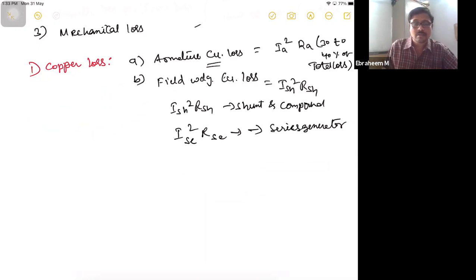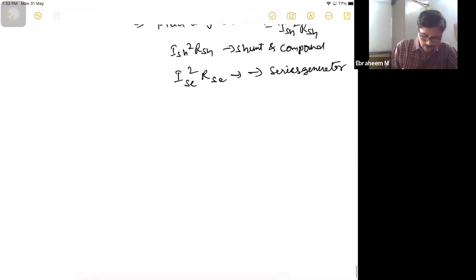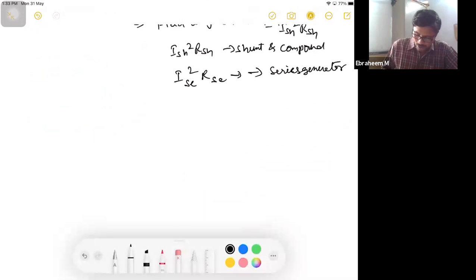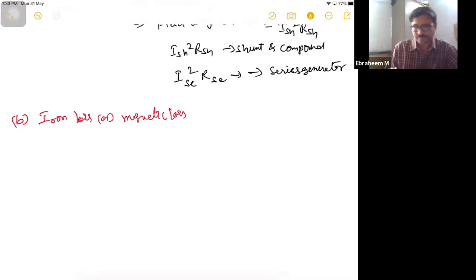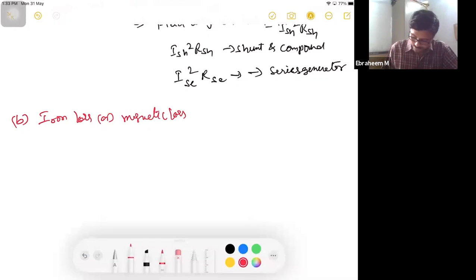Okay. Next, iron loss, or magnetic loss. So these are subdivided into two, right?